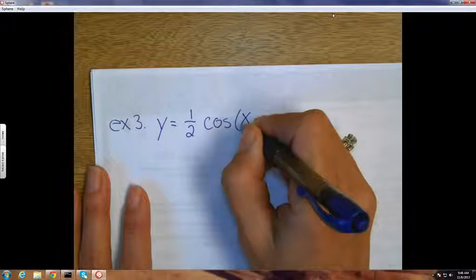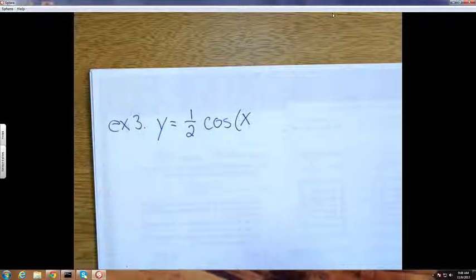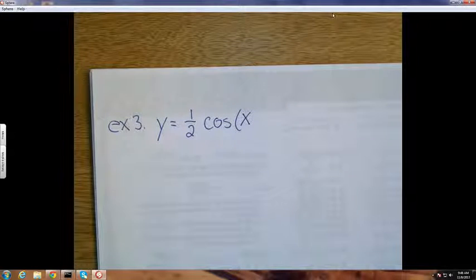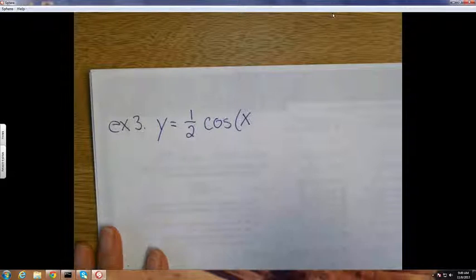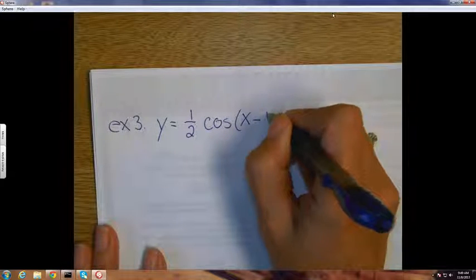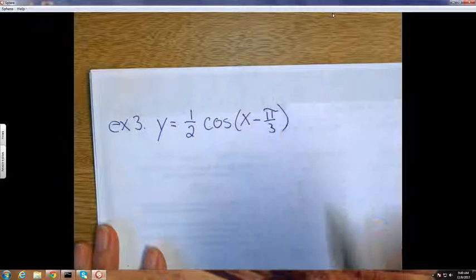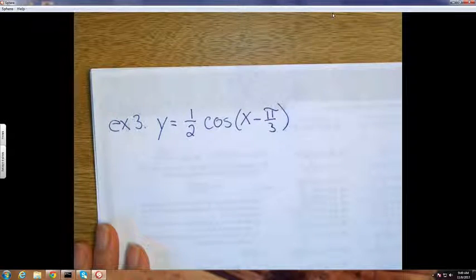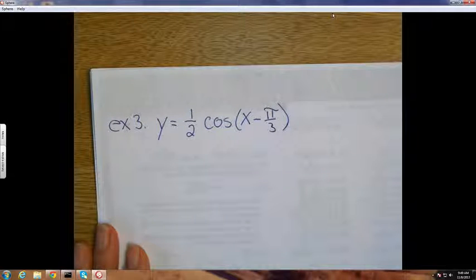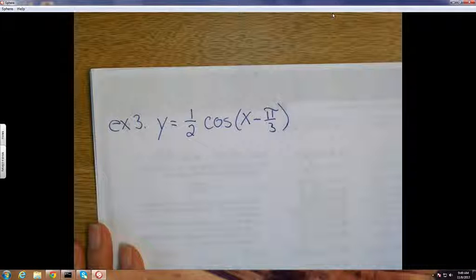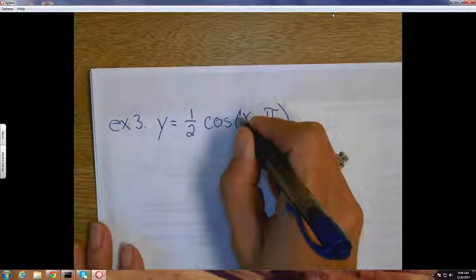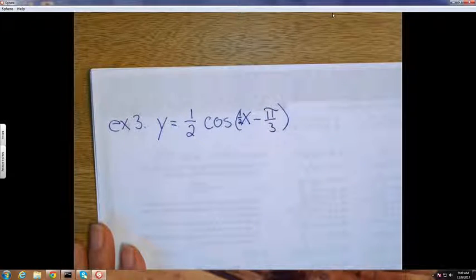X. I'm kind of making it up as I go here. I gotta see what the first one was. Well, there it is. That's good. X minus pi over 3. Throw 1/2 here too. 1/2 x minus pi over 3.